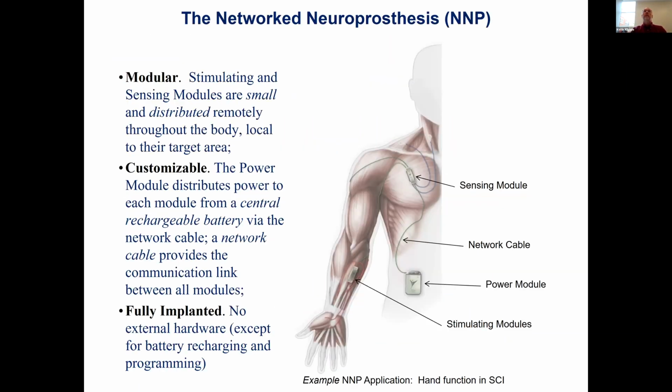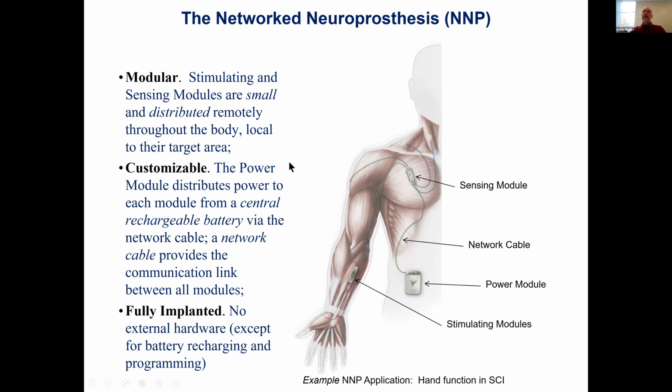Okay, so just a couple slides on the network neuroprosthesis. If you already know what this is, you can read some emails for the next 2 slides. But this is a system that we've developed here at CASE starting about 2001, I think, when we first started this.